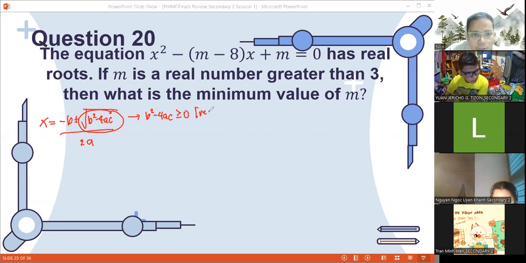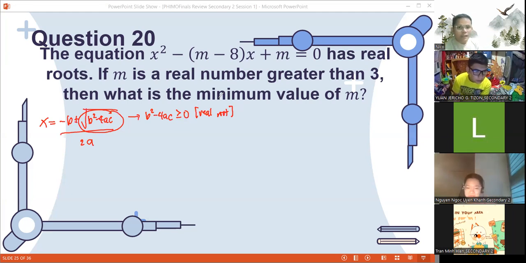This one is for your real root, right? Because if you put a negative inside the square root, it will become an imaginary number, right? Since it's a real root, it should be greater than or equal to 0.